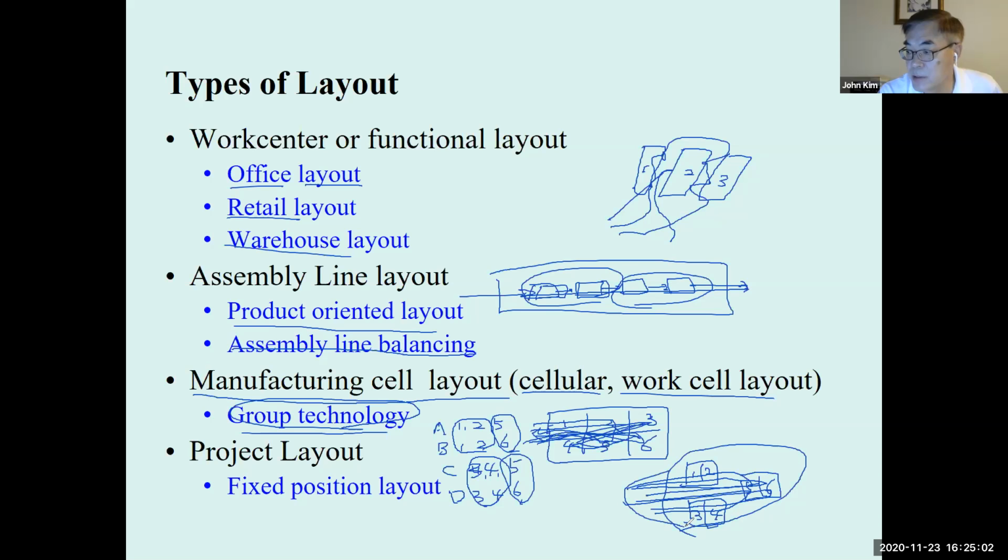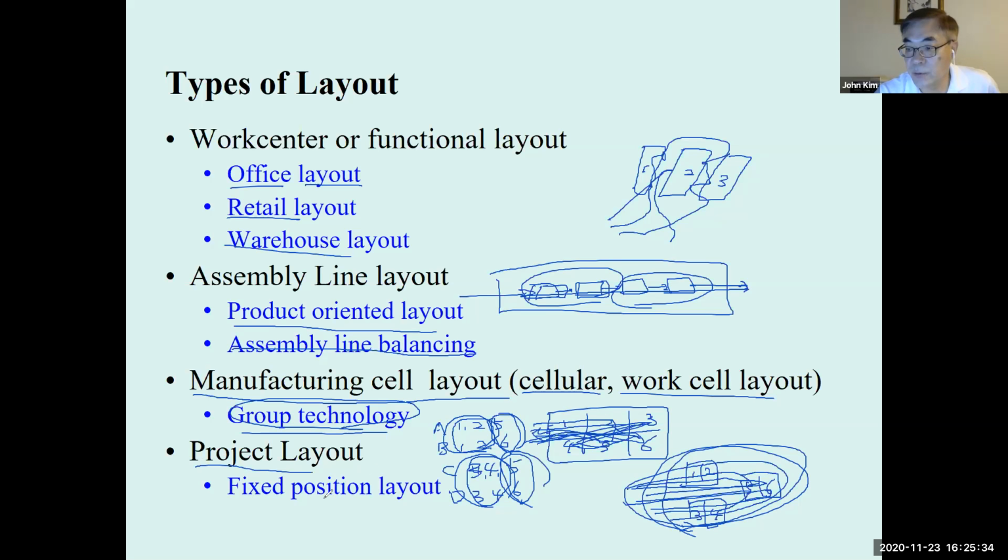So it makes the path simple, more simple, and the moving distance is also shorter. So from this workstation type or functional layout type, if we can find the common similar process, then we can make a cell and cell layout.